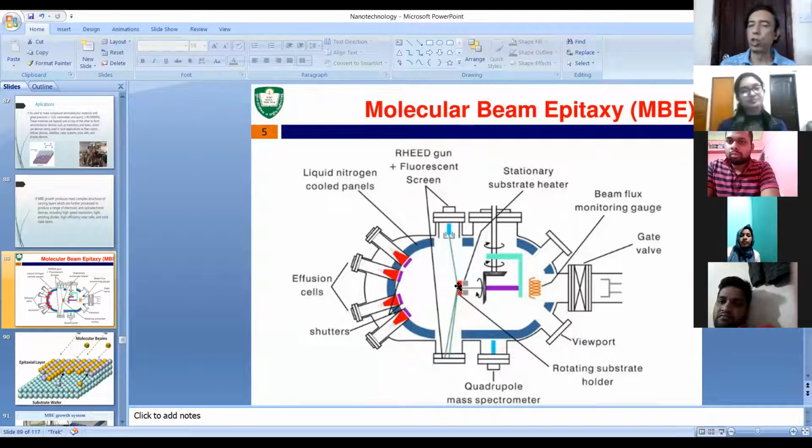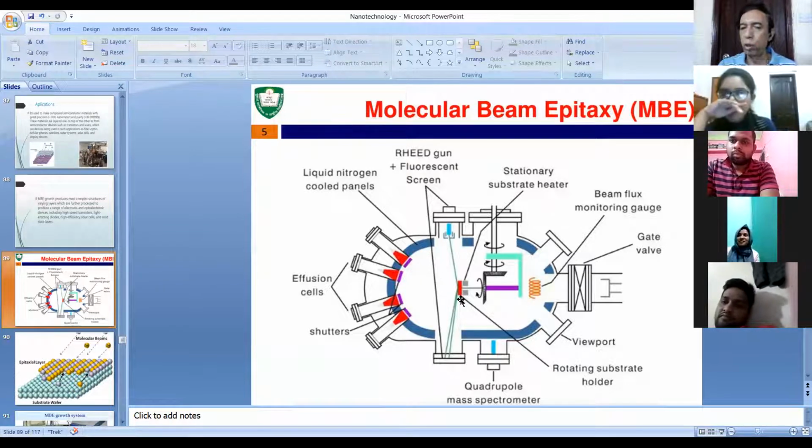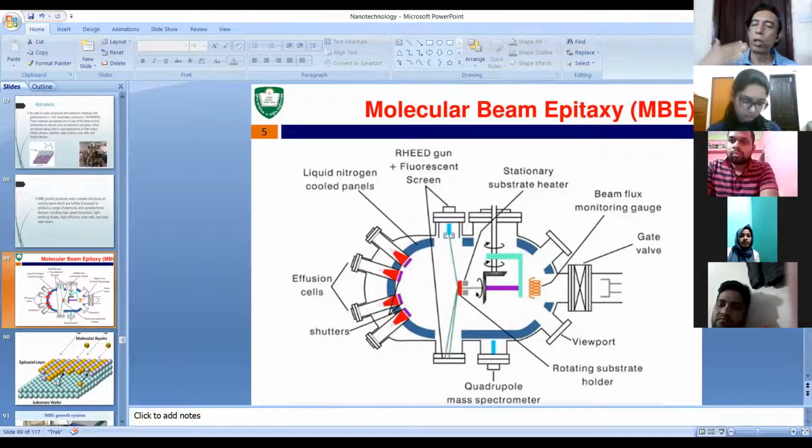your deposition. Say, for example, you want to make one layer of indium. So when one layer of indium is adsorbed here, the gun will tell you that preparation of one layer of indium is complete.